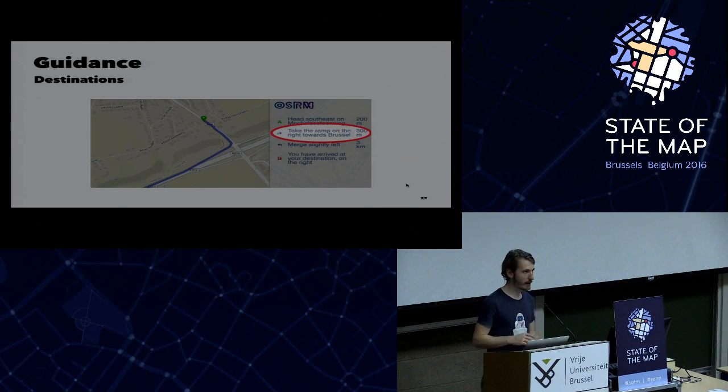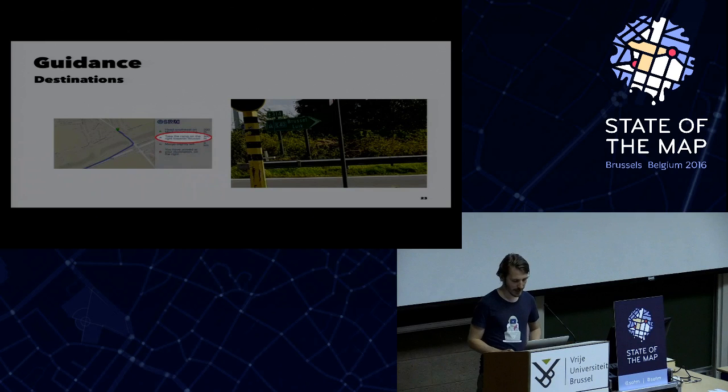And for anyone who ever mapped destination signs, first of all, this is how they look. It's a destination sign. It says Brussels. And in this specific case, it's mapped as the destination is Brussels. Actually, in this case, there are two destinations here: Brussels and Luik.